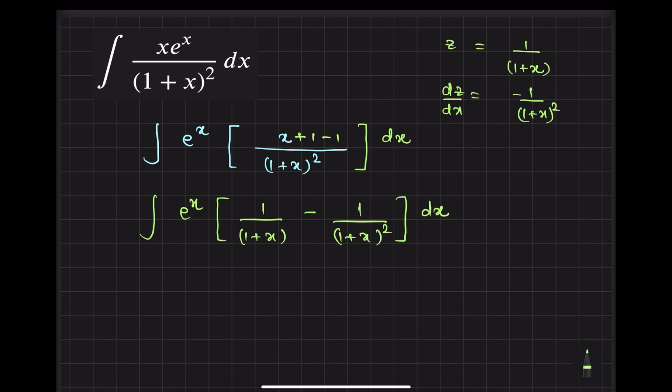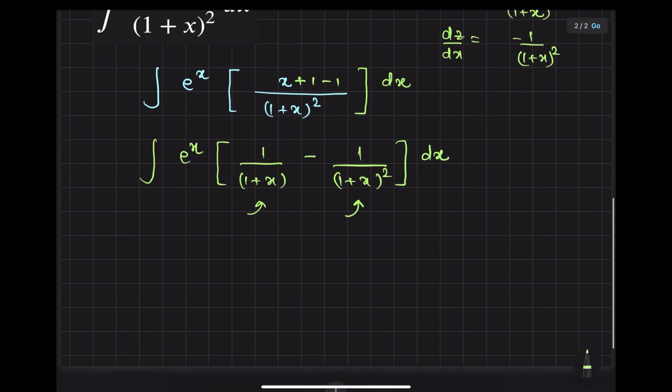Okay, now be super slow. Who is this? This is your f of x, one of the functions. And who is this? This is the differentiation of f of x. So you have converted your question into e power x times f of x plus f dash x.